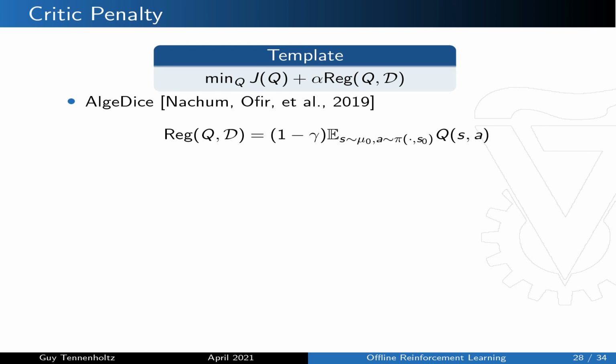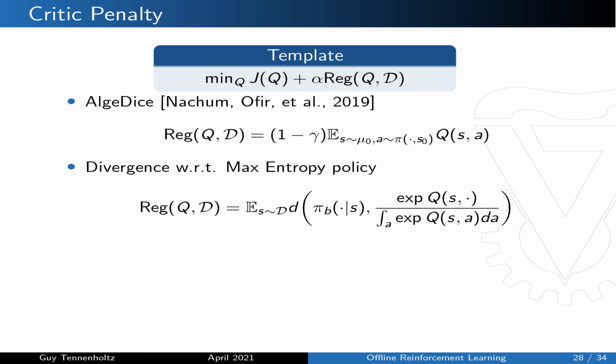One algorithm, AlgaDice, actually looks at a dual formulation of the problem, but eventually finds an actor-critic type algorithm which minimizes this function with a regularizer equal to the expectation over the Q function. Meaning we're trying to minimize the TD error plus a regularizer that won't let the Q function of our policy be too large. That's one regularizer we could use.